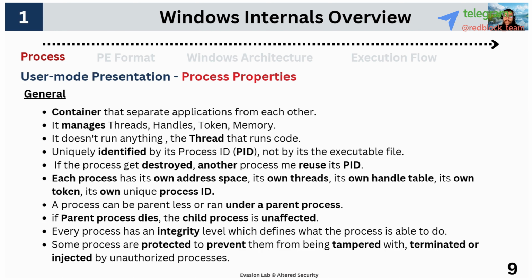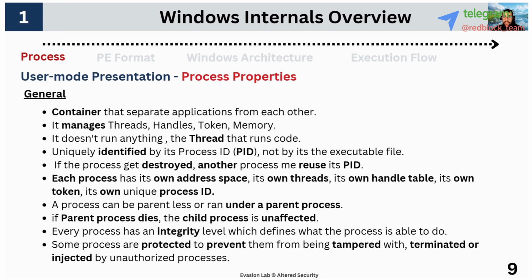So a process acts as a container that separates applications from each other. This ensures that one application cannot interfere with the memory or resources of another, enhancing system stability and security.